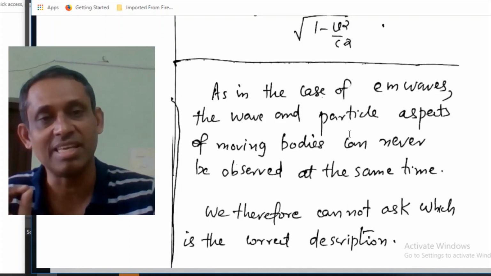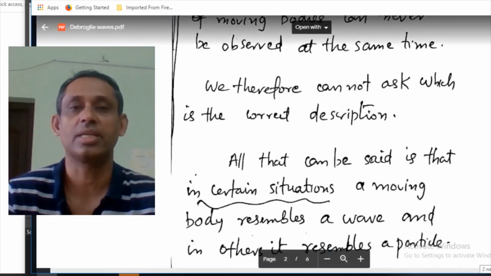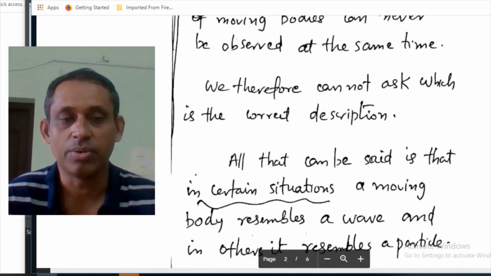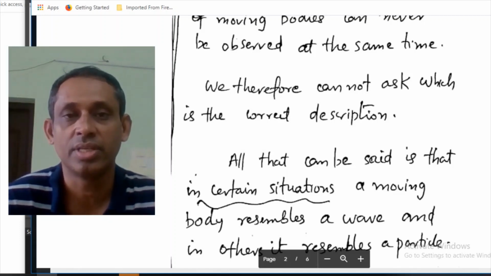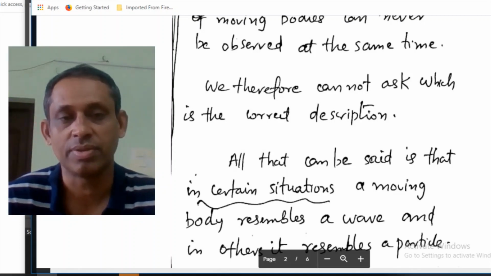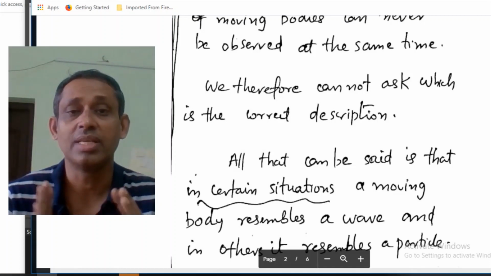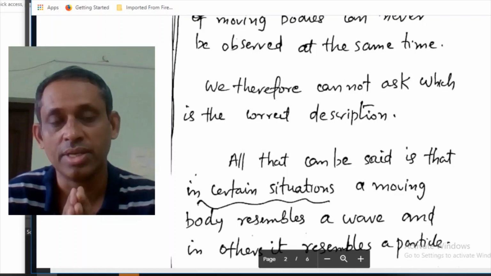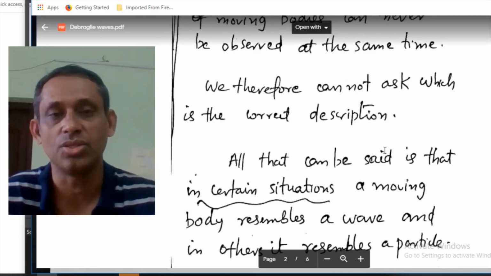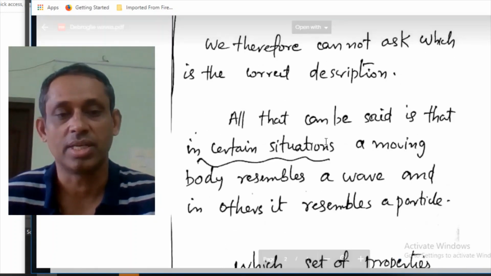So we therefore cannot ask which is the correct description, whether it is particle or wave. In the electromagnetic radiation, there was a section called what is light, what is electromagnetic radiation. And we saw we can only say it has particle and wave nature, that is, dual nature. So here also we can say the particle has dual nature, wave nature and particle nature.